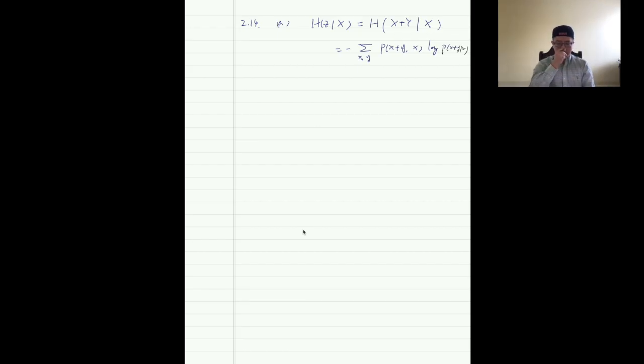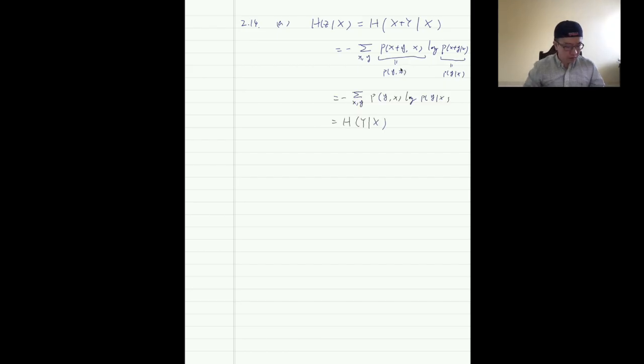And we can see that the probability of that will equal the probability of y given x, because adding x here will not change the value of this probability distribution, and similarly here, that will be the same as y given x. If we fix x and y, these two probabilities will be identical. Therefore, we can write this as p(x,y) log p(y given x), and that is nothing but hy given x.